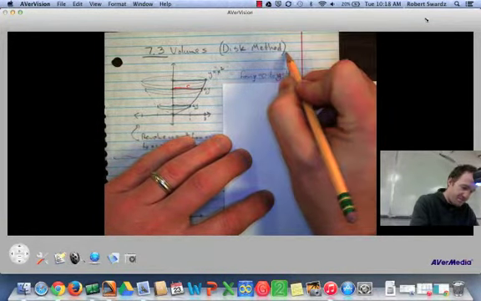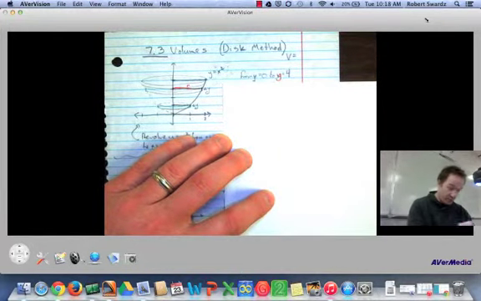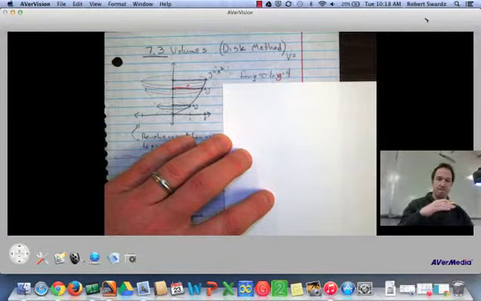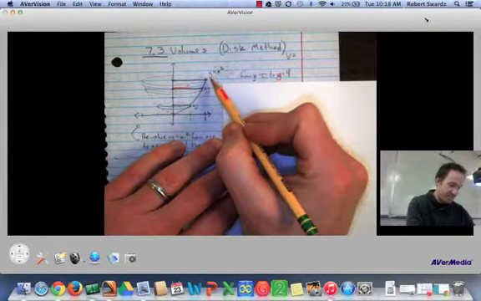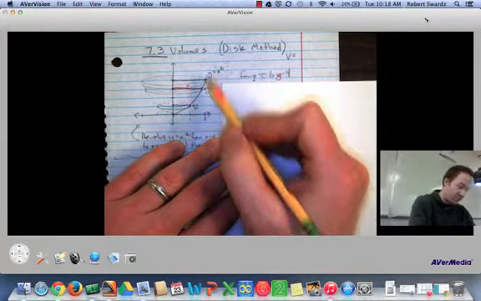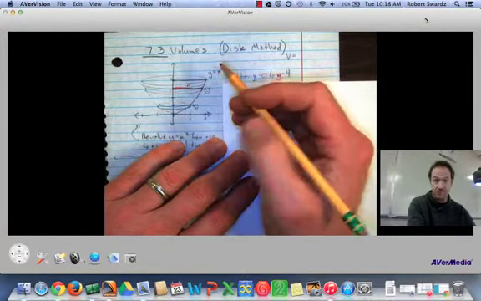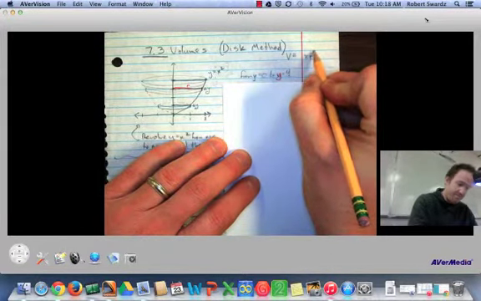For the disk method, since we're rotating an area around an axis, the volume of each disk is always going to be the area of the top times the thickness of the disk. Since we're rotating it, the area of the top is always a circle, so the area is pi r squared.